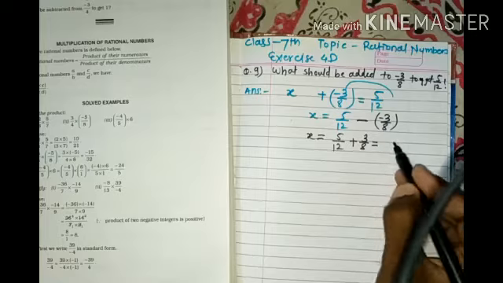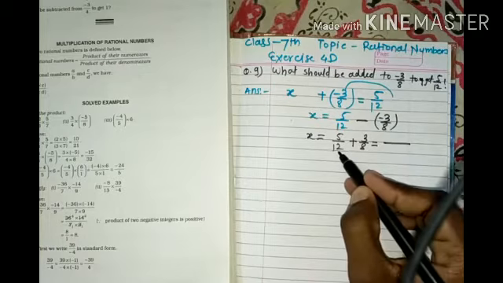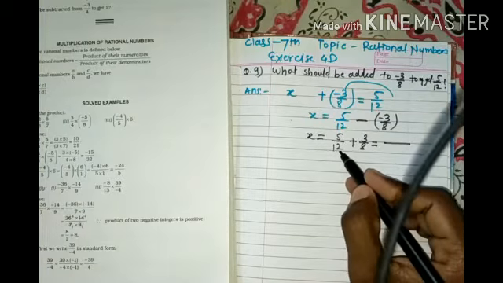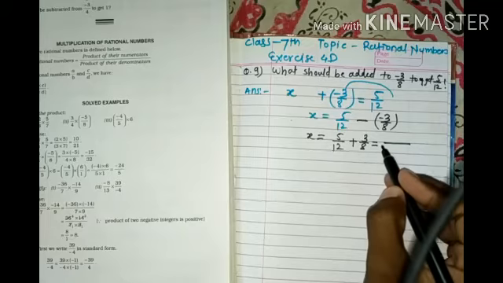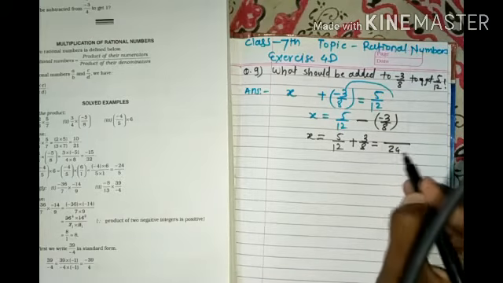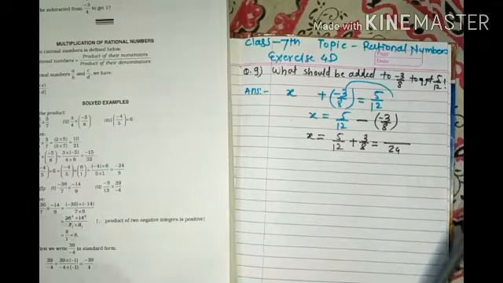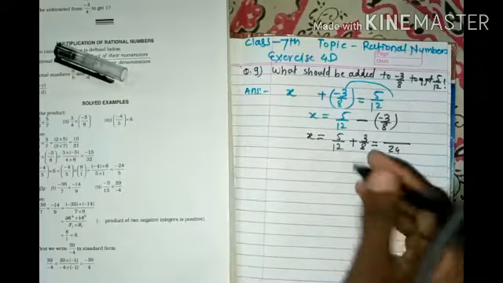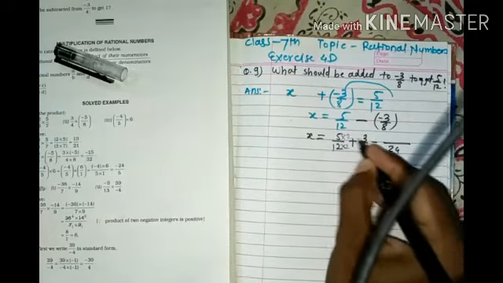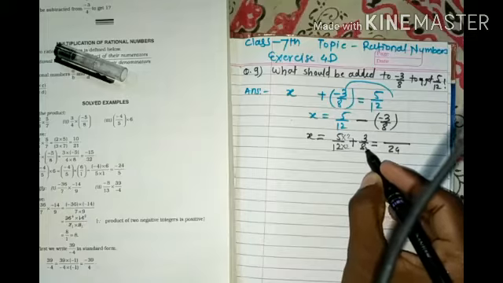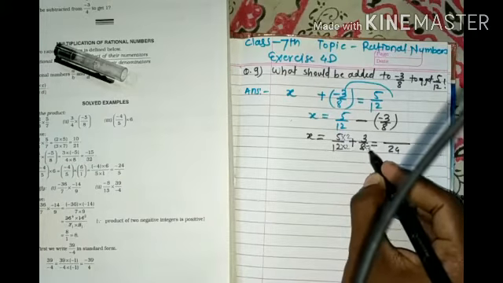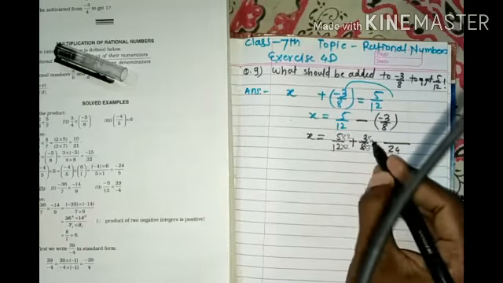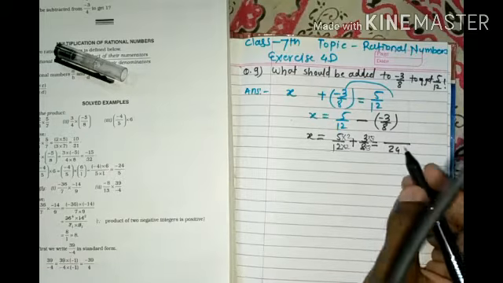Now we will take the LCM. The LCM is 24. I know that 24 comes in the table of 12 at the second position, and 24 comes in the table of 8 at the third place. So I will multiply 3 to 3 by 8.